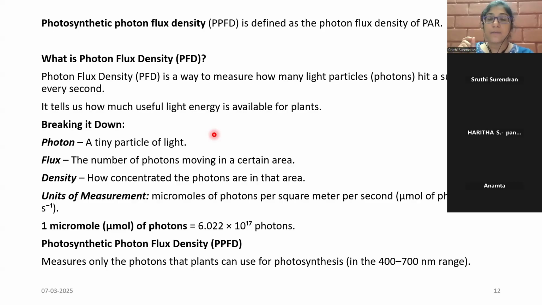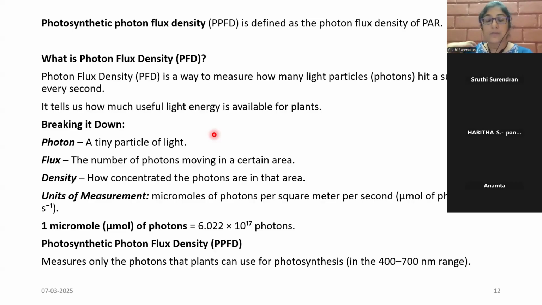So photosynthetic photon flux density measures how many photons, or how many light particles, are hitting the leaf every second. So if you remember, when we had generated the AQ curves, the x-axis was PPFD, which is photosynthetic photon flux density, and the unit was micromoles of photons per meter square per second.